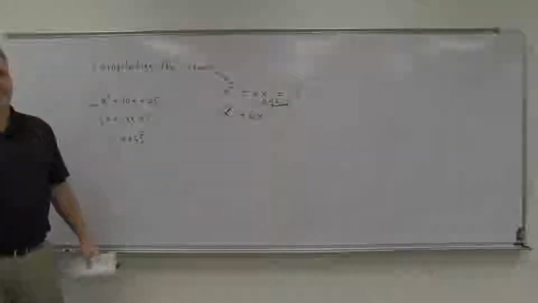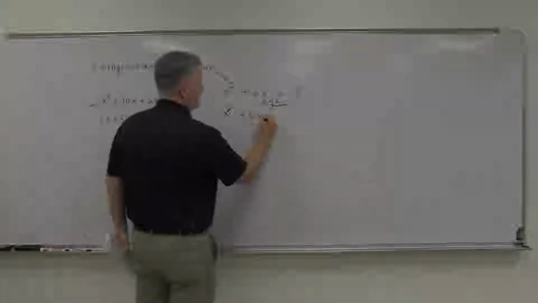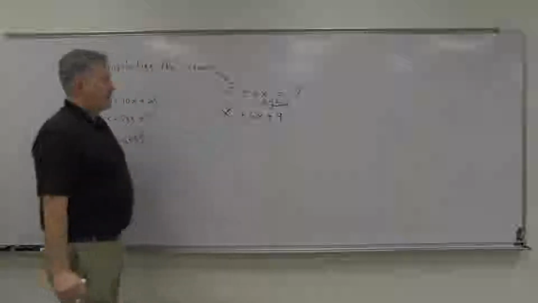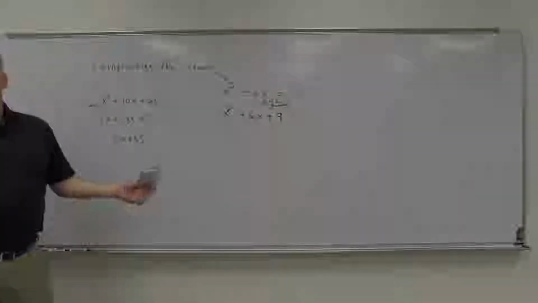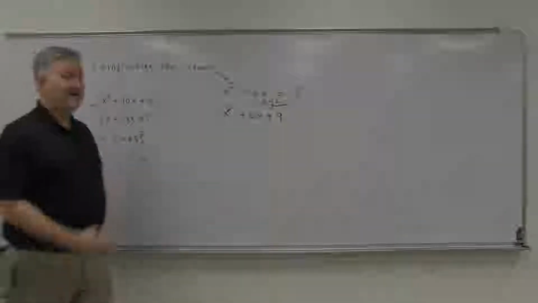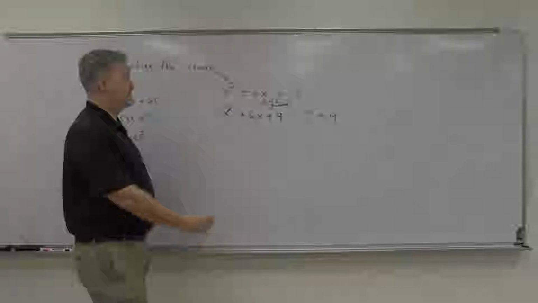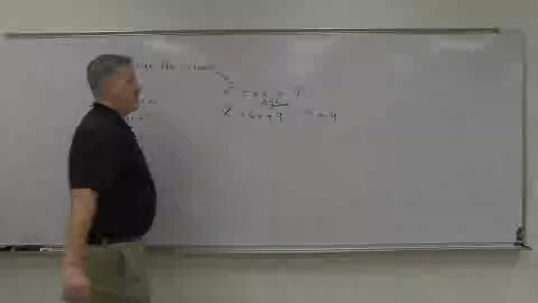So half of 6 is, of course, 3. And then to square that, you get 9. So I'm going to add 9 to the left-hand side. Now, it's an equation, and so what must I do to make this balance? Do it to both sides. So I'm going to add 9 to the other side as well.